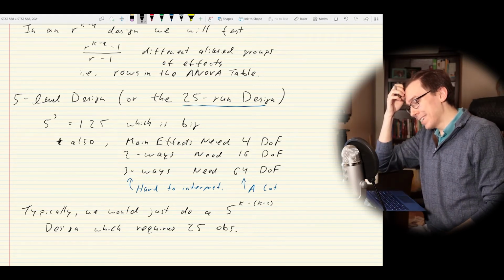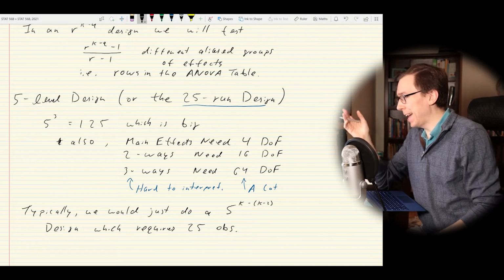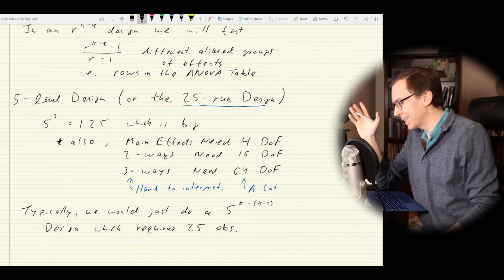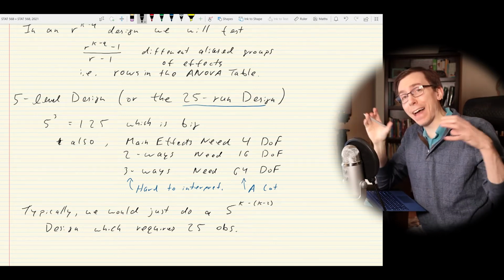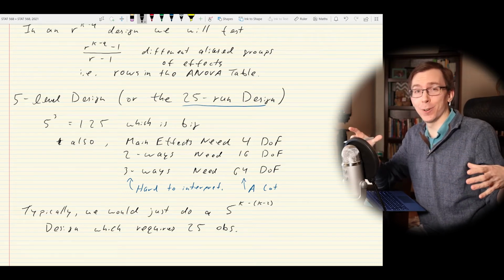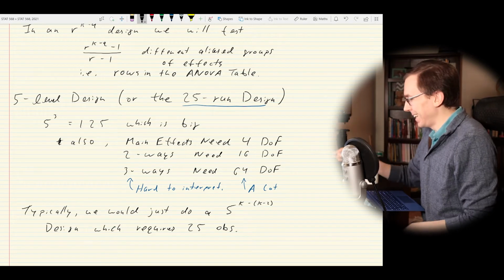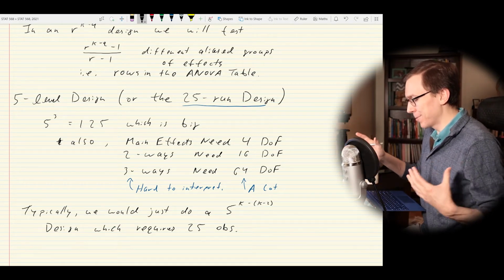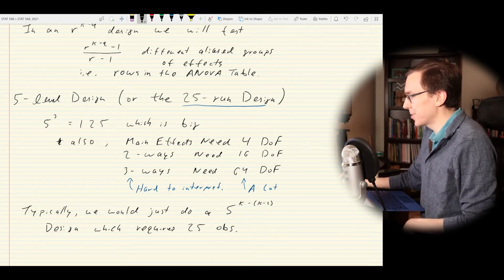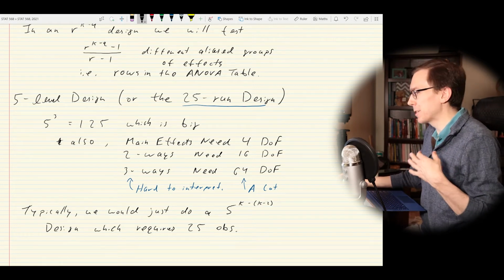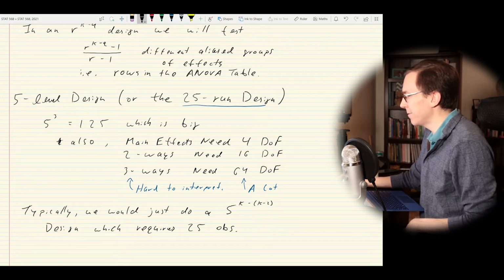And yeah, we're going to get probably a bunch of aliasing. It depends on what k is, how many factors we're trying to shove into our 25 observations. But the idea is that we don't really care about these higher order interactions, so let's try to alias as much as possible and test those main effects.